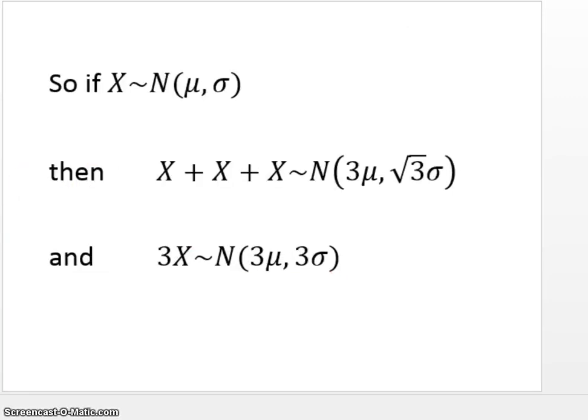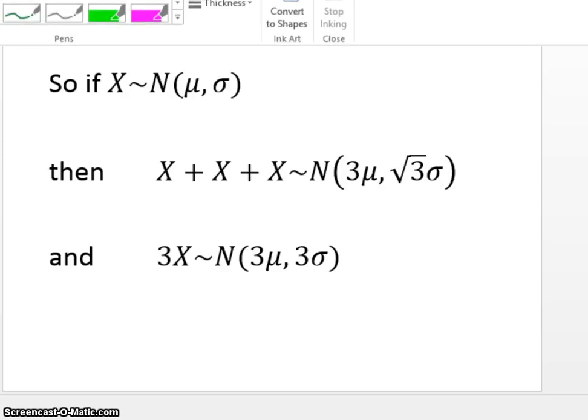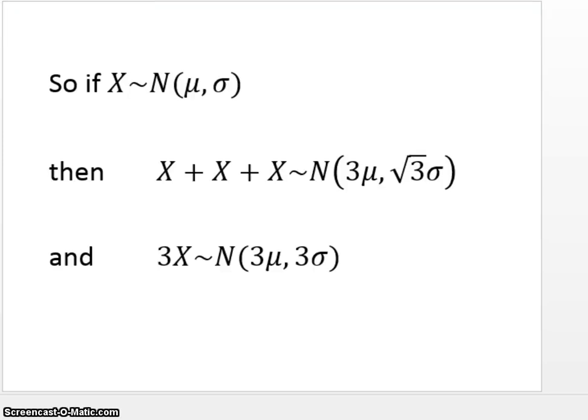Okay, so in summary, if X is from a normal population with a mean of mu and a standard deviation of sigma, if you want X plus X plus X, it'll be normally distributed with 3 times that original mean and the square root of 3 times the standard deviation. But if you just want to multiply it by a constant, if you just want 3X, you're going to have 3 times the mean again, and 3 times the standard deviation. Okay, so that is a quick review of Chapter 7.